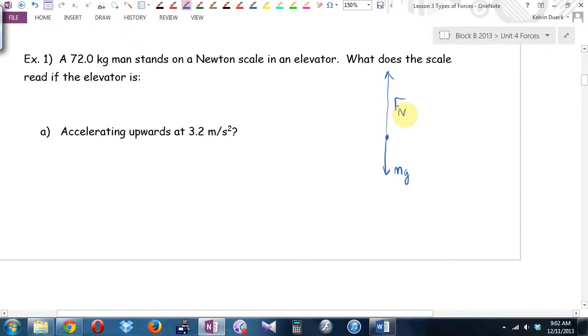Can you write me my equation here? Who's winning? Who's losing? I think my equation is going to be Fn minus mg equals ma.